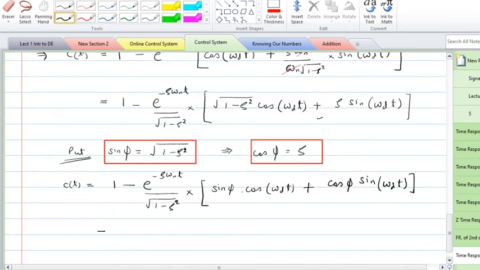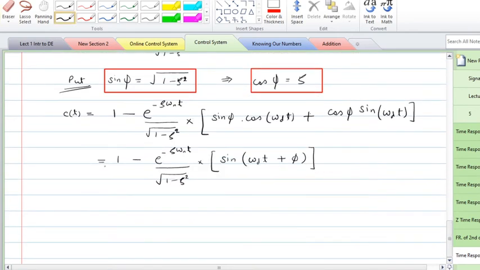So using the trigonometric formula, that is sine of a plus b is equal to sine a cos b plus cos a sine b, we will get the final result as 1 minus e raised to power minus zeta omega n t divided by under root 1 minus zeta square multiply sine of omega d t plus phi.